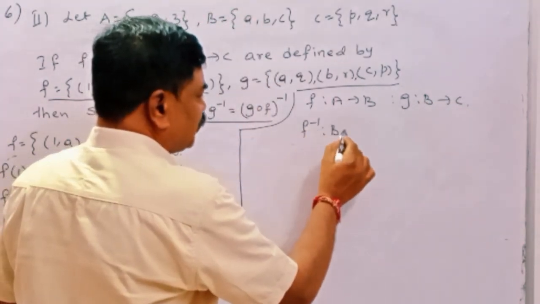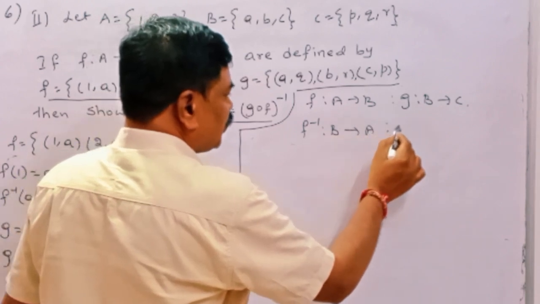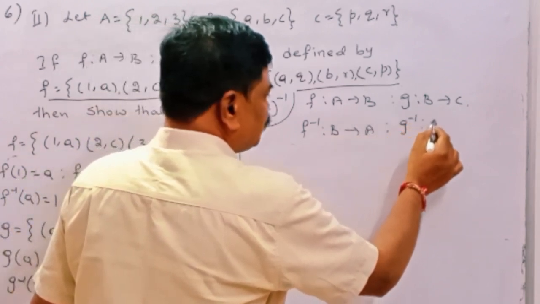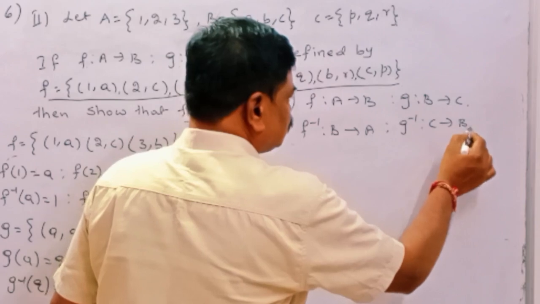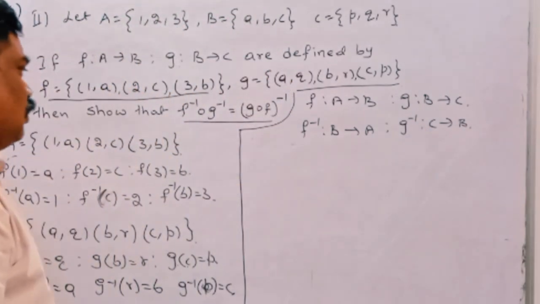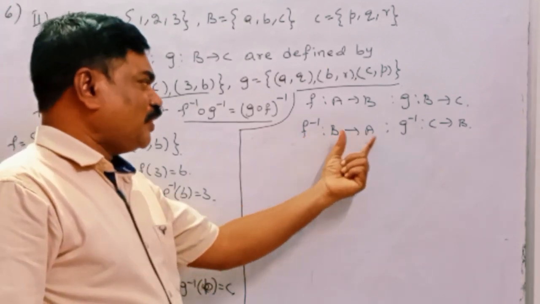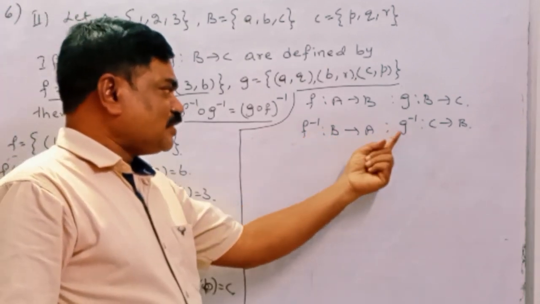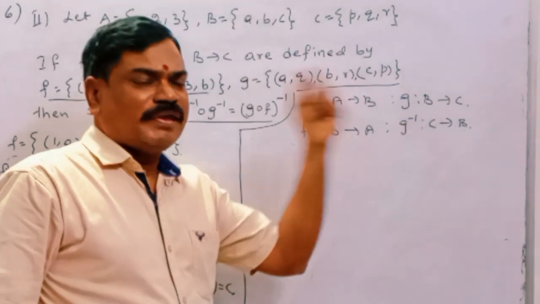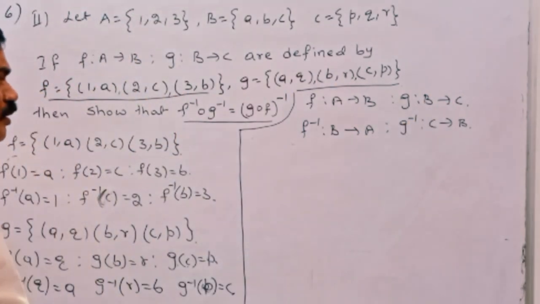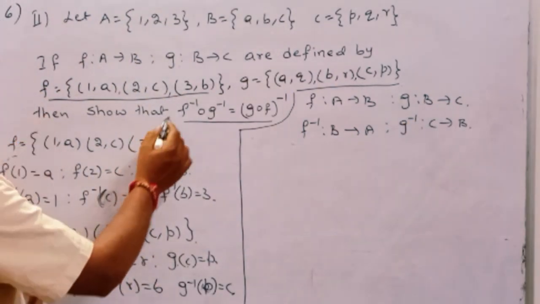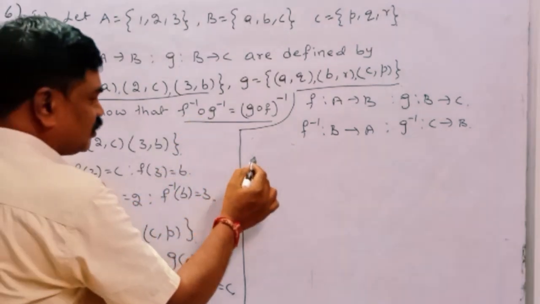F inverse is a function from B to A, G inverse is a function from C to B. Then you find this F inverse circle G inverse.